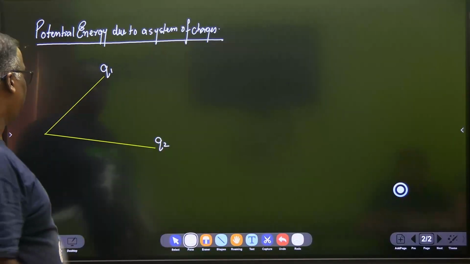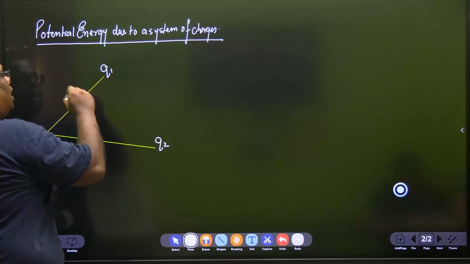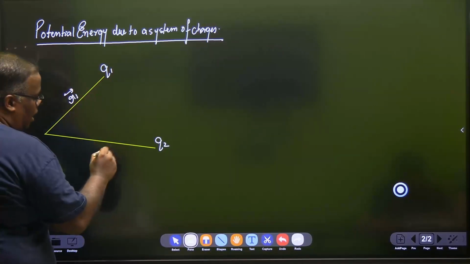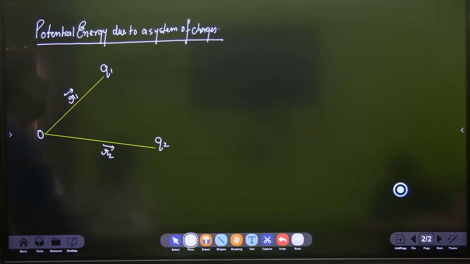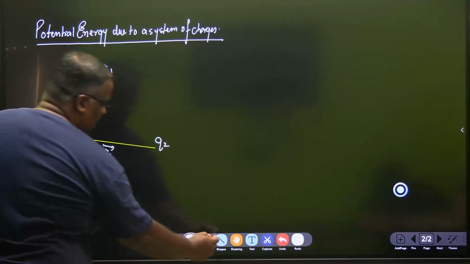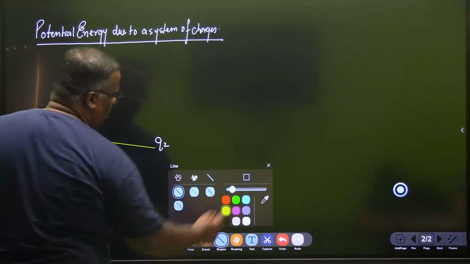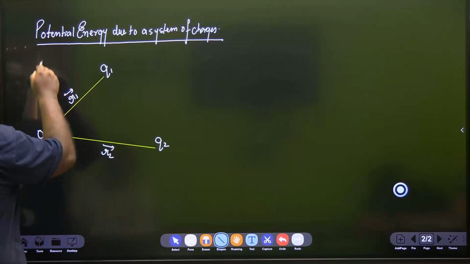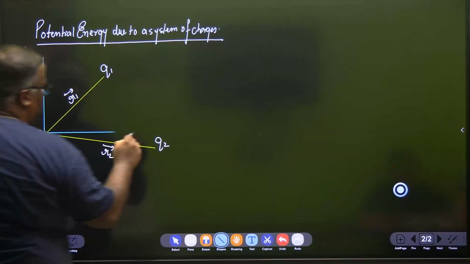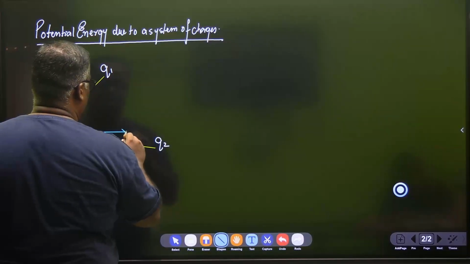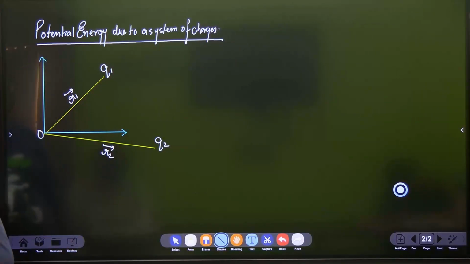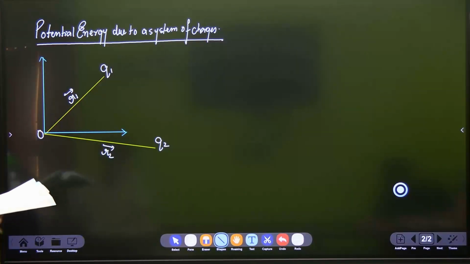And R1 is a position vector and R2 is a position vector with respect to some origin O. With respect to some origin, R1 and R2 are two position vectors of two charges Q1 and Q2. Okay.